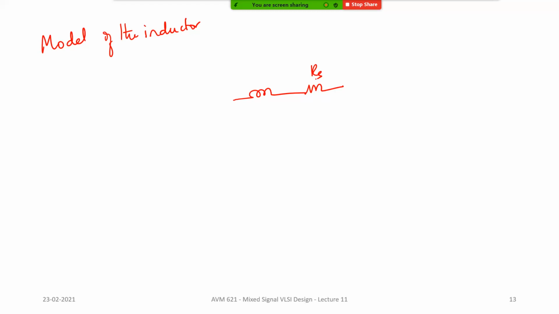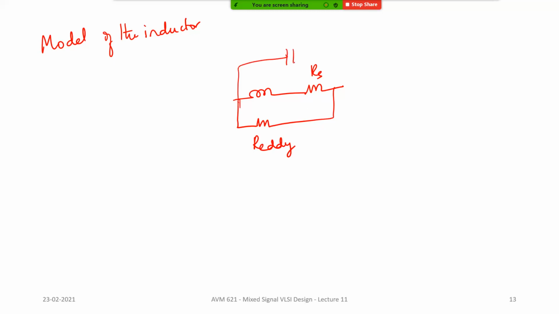It will also have a shunt resistance which is formed due to the eddy currents which flow in the substrate. The silicon substrate has a certain conductivity, not as conductive as metal, but it's a slightly doped silicon. Because these things are going around, it sets up some eddy currents in the substrate, and because of the loss in the substrate, you have some eddy current loss which is modeled like this.